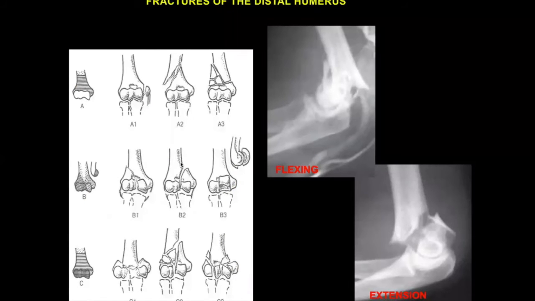When we speak about fractures of the distal humerus, you must know that the elbow joint has one feature: injury of this area leads to joint stiffness of the elbow very fast.